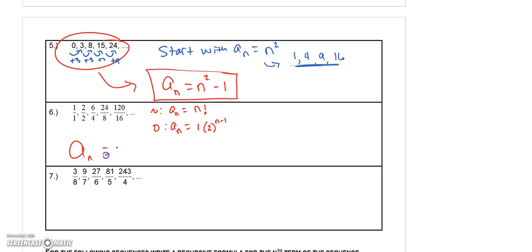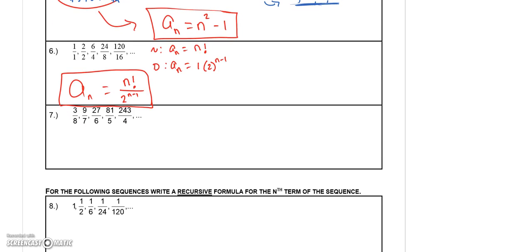Putting together, I get an equals n factorial over 2 to the n minus 1. I think you can figure out 3. Geometric on top, arithmetic on the bottom.